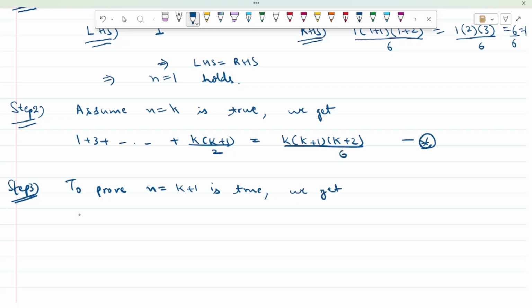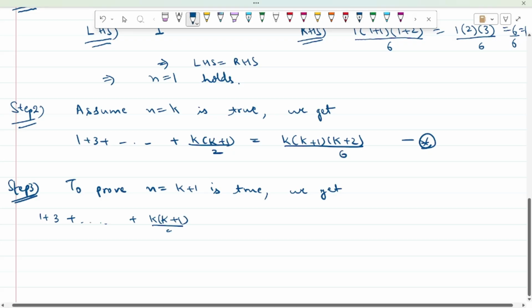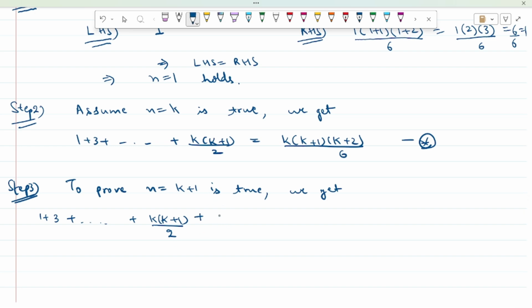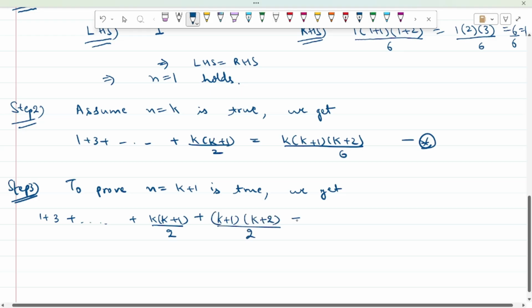So what do we get? What is the statement? Because we are doing it for k plus 1, till k everything will be as it is, right? On the left hand side, we are going to get one more term: k plus 1, k plus 2 over 2.